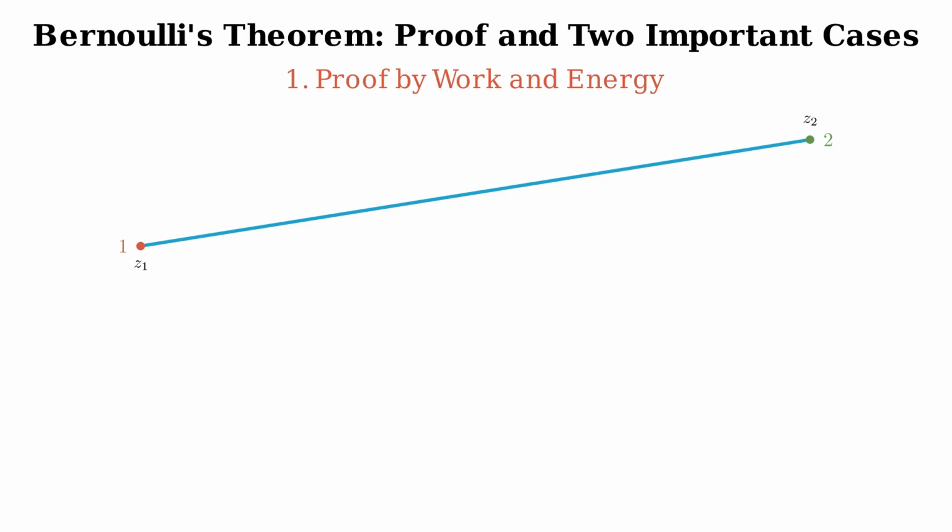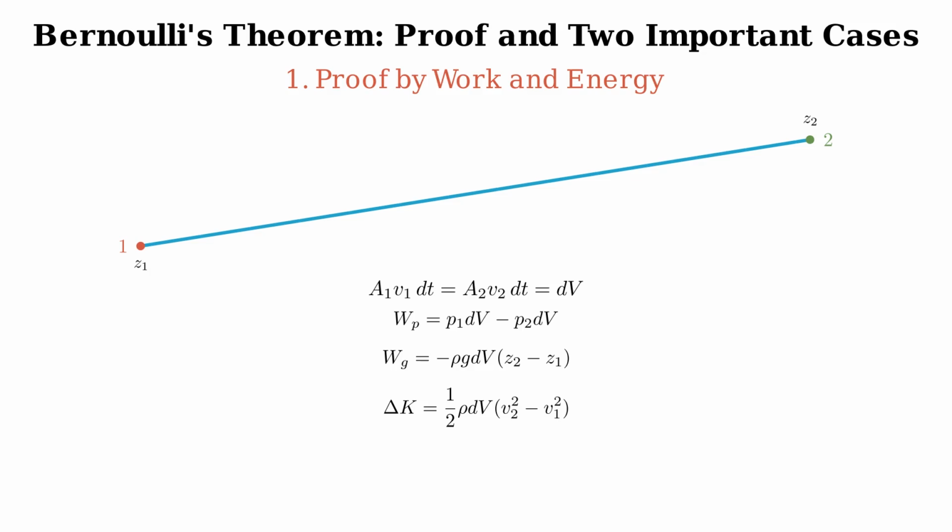We will examine a small time interval dt. Because the fluid is incompressible, the volume entering section 1 in time dt equals the volume leaving section 2 in the same time. This common volume is dV, equal to A1 V1 dt, and also equal to A2 V2 dt.